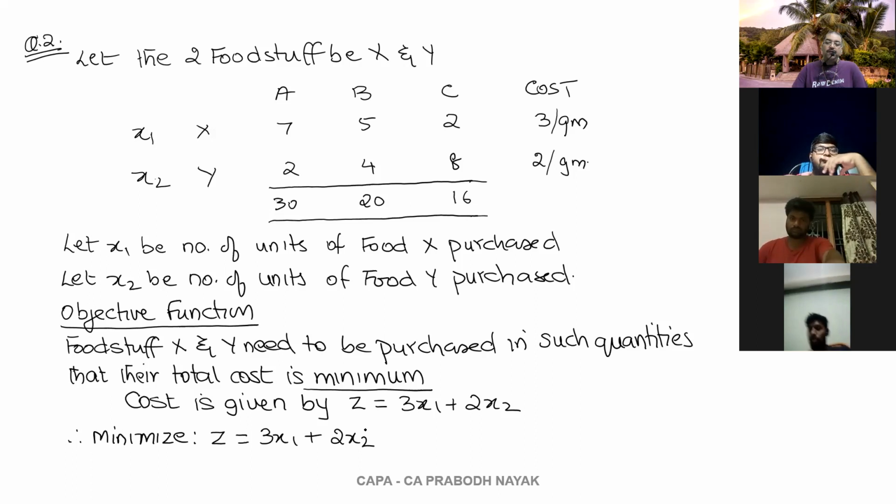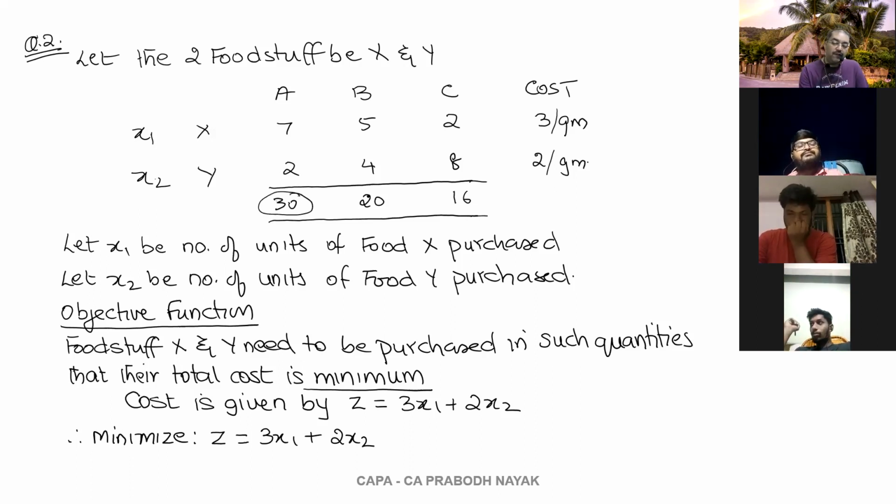Now, if you look at the question, they have said the minimum daily needs of vitamins A, B, and C are 30, 20, and 16. So these figures are the minimum requirements of the three vitamins.